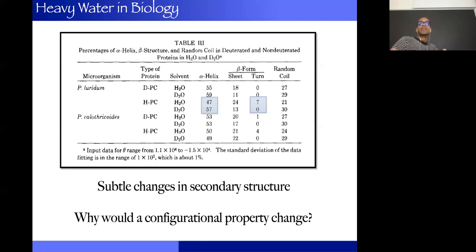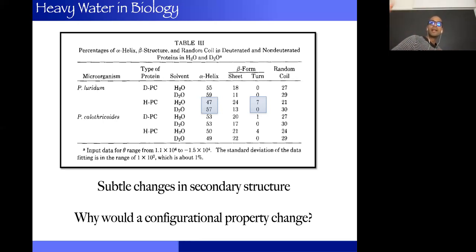Is that surprising, first of all? And yes, it is surprising because in classical statistical mechanics, we know that the configurational part of the partition function goes as e to the minus beta V potential, which is independent of the mass.